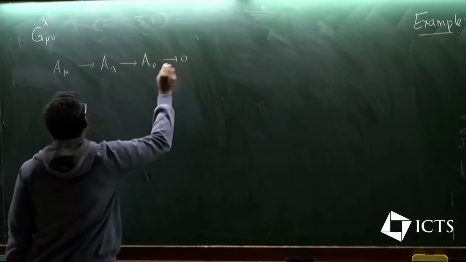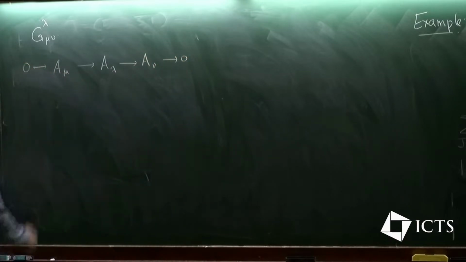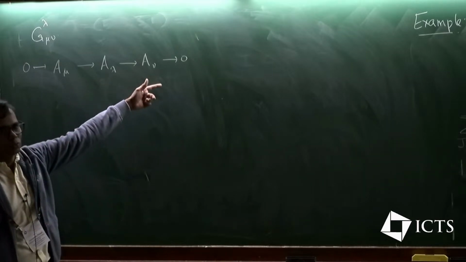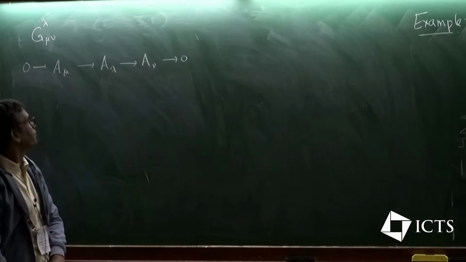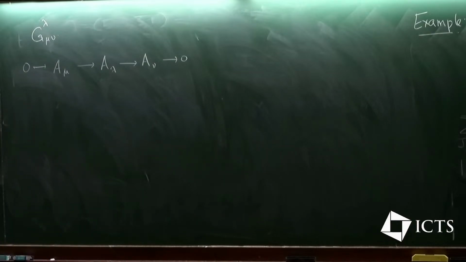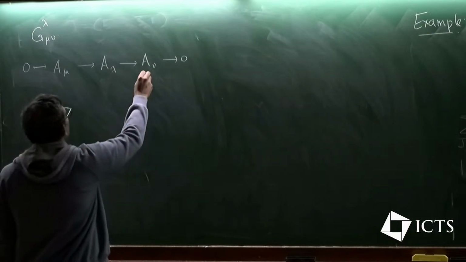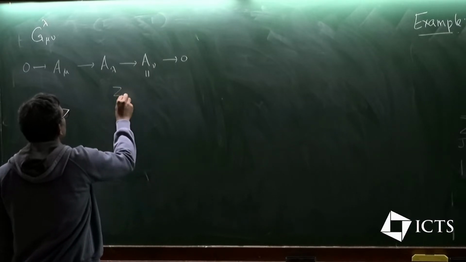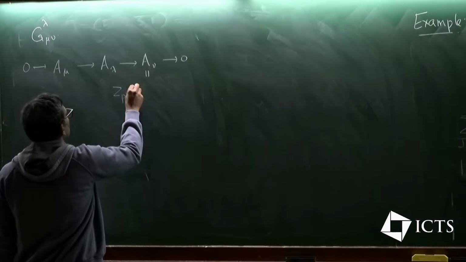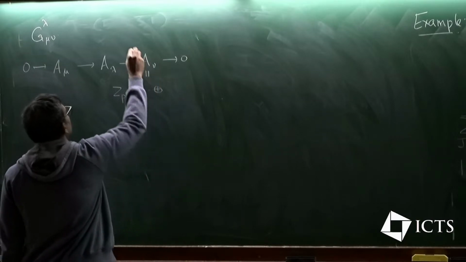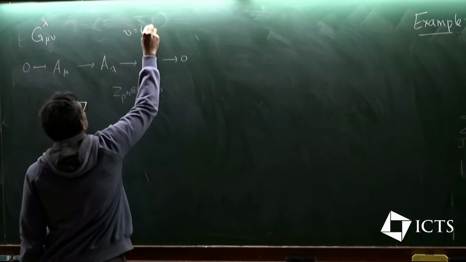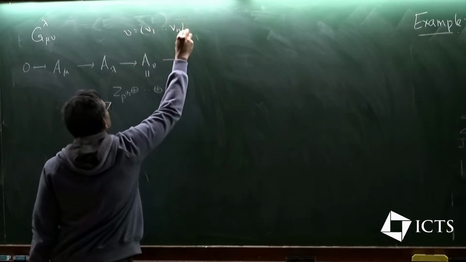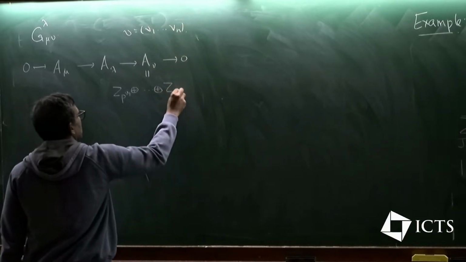So we are looking for sequences like this: an embedding of A mu inside A lambda such that the quotient is of type A nu. Now this A nu is equal to Z/p^nu_1 plus and so on, let's say this partition is nu_1 up to nu_n, Z/p^nu_n.